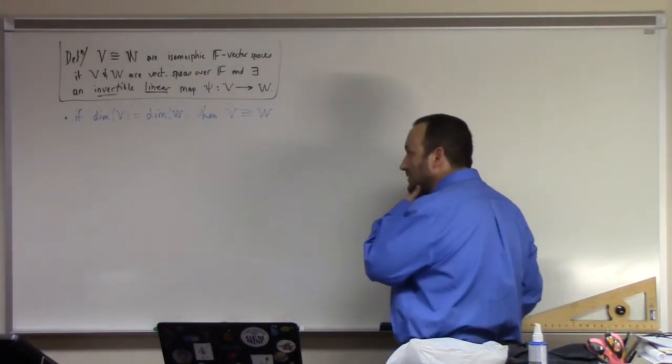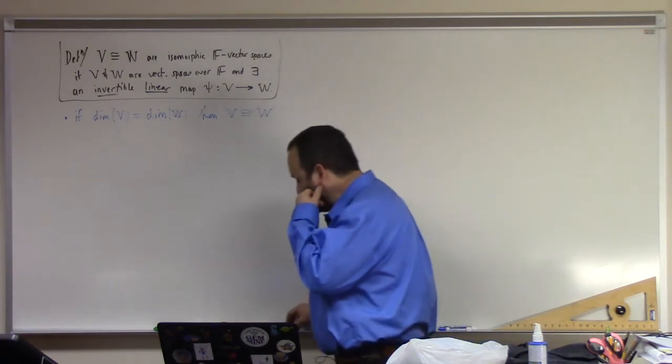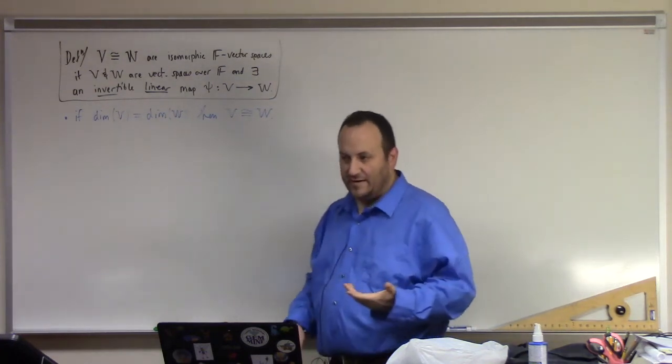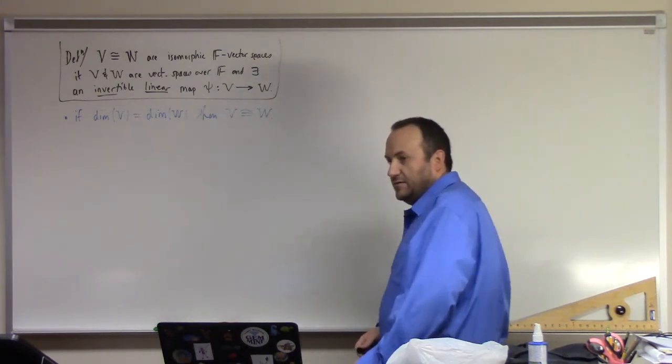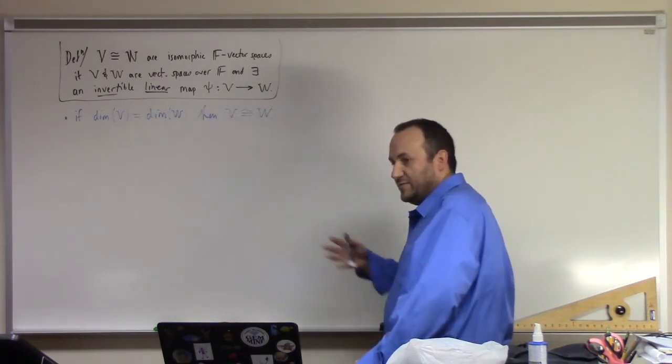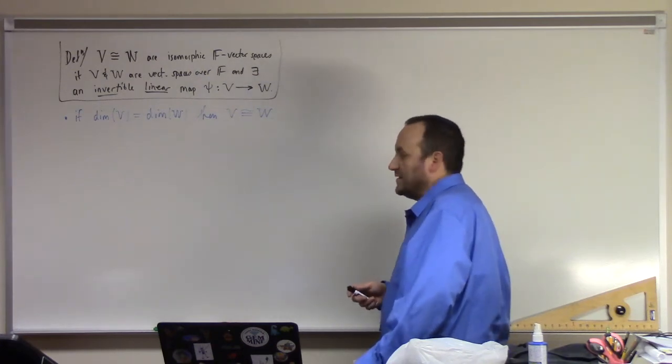That's true. So to judge whether or not it's possible to find an isomorphism between two spaces, it suffices to figure out if they have the same dimension as a real or complex or whatever vector space.